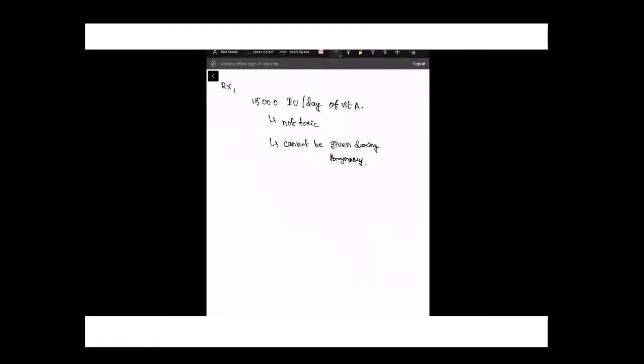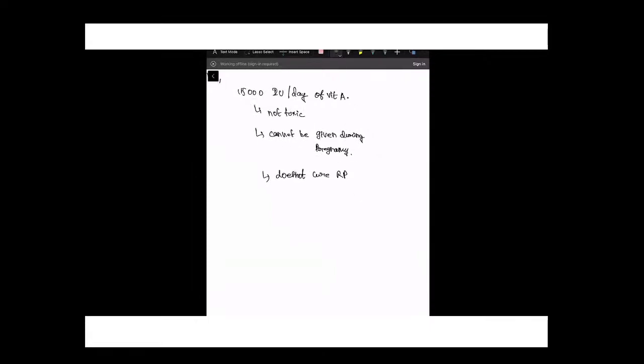This vitamin A does not cure retinitis pigmentosa, but it can help retain vision for a few years.